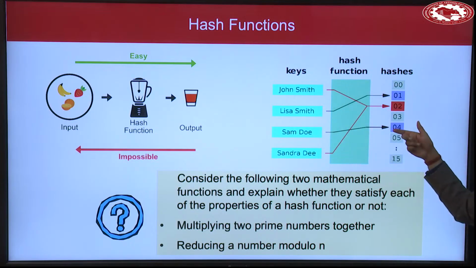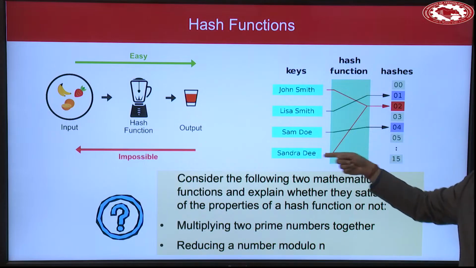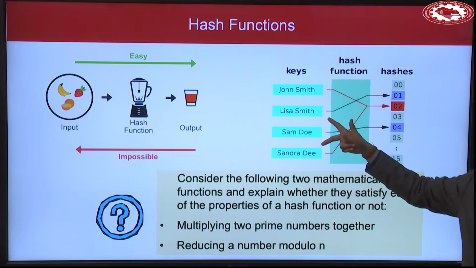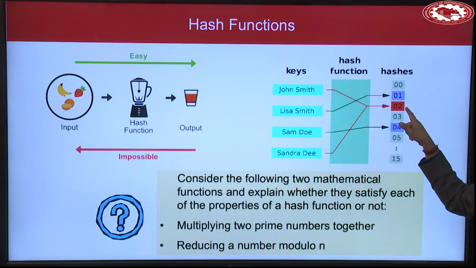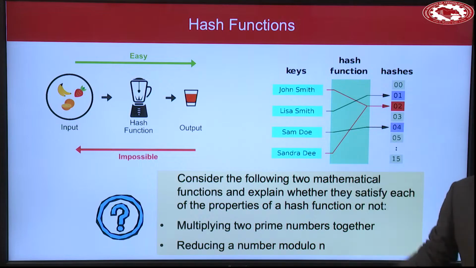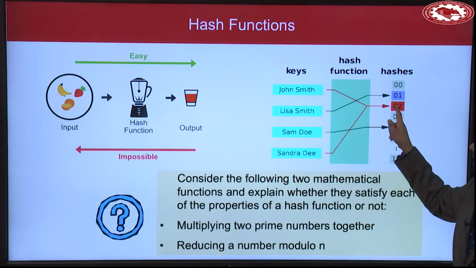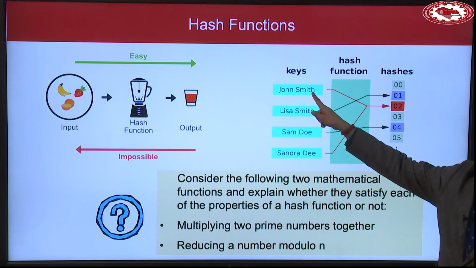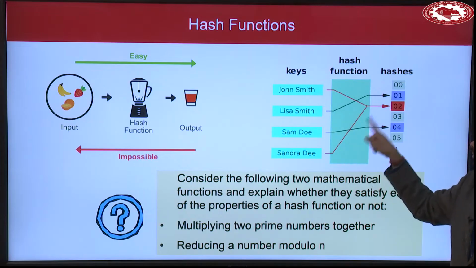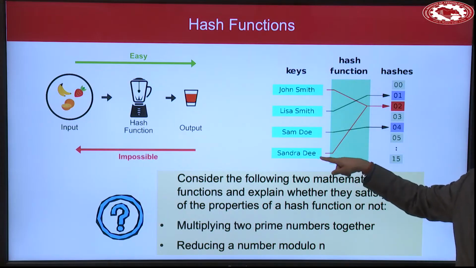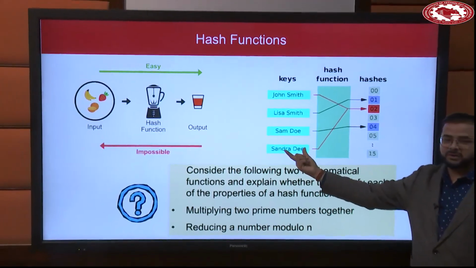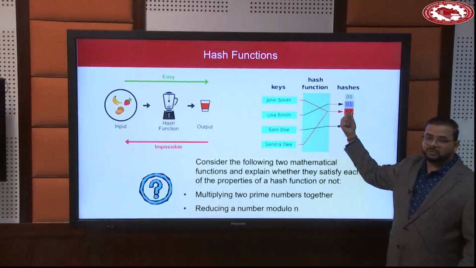For this person, it's 0, 4. Now for this person, it might be the same again. If you find that for 2 different inputs there's the same outcome, this hash function cannot work. Because if you know the code, you don't know the actual input. Somebody might start making you believe the input was this, but when you calculate this as a recipient, you will have another message passed to a hash function and you get the same code.